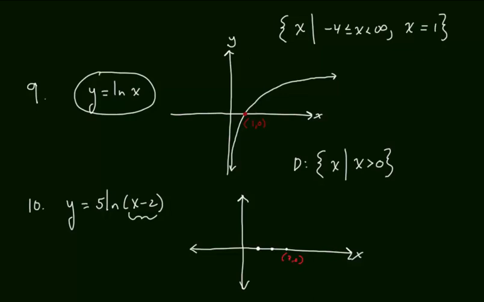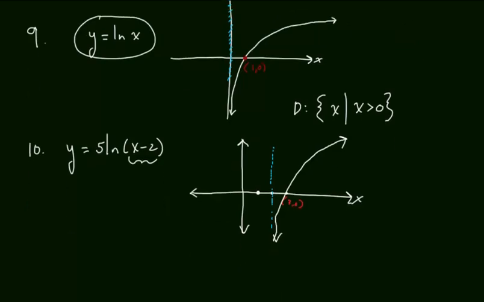Instead of the asymptote being the y-axis, or x equals 0, our asymptote shifts over 2 as well, here. And our new graph, again, is a vertically stretched one. So it's going to look more like that.